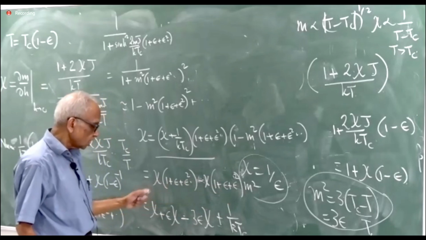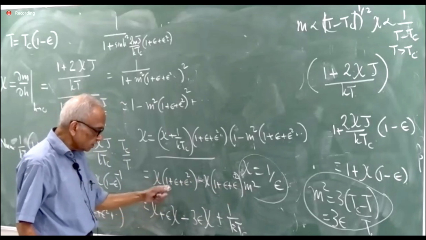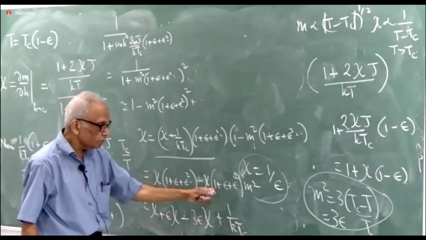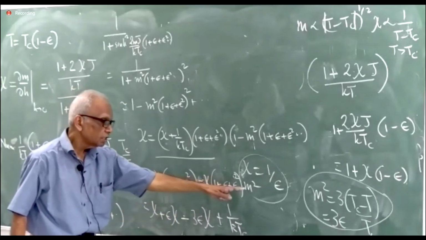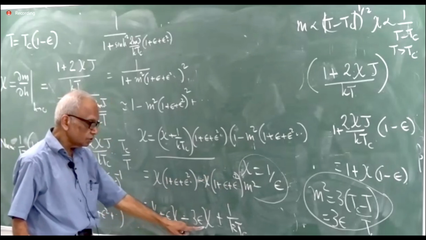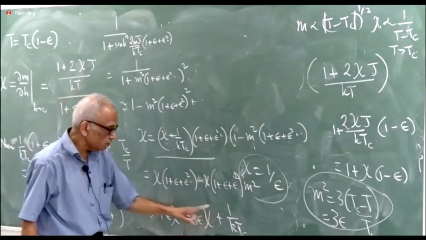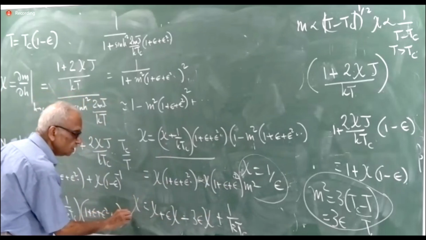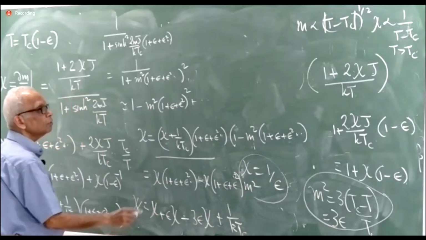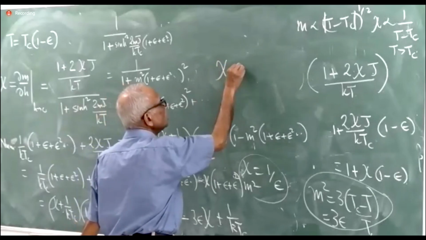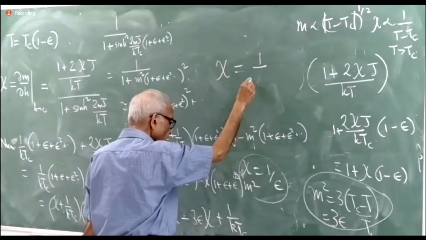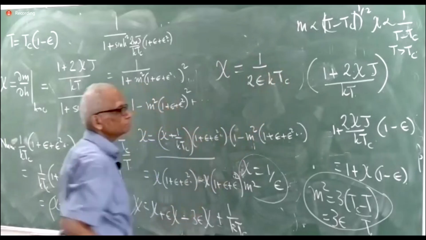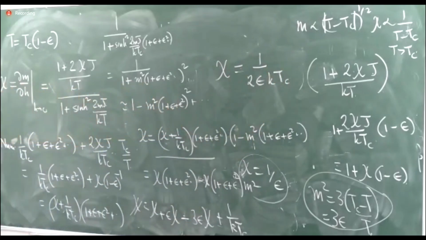So this is chi, the one part, and then when it is epsilon chi, there is a contribution from minus m square into chi, which is 3 epsilon chi, and then there is the order unity term, which is this. So it is chi equal to that, which cancels out, and therefore chi is equal to 1 over 2 epsilon KTC.